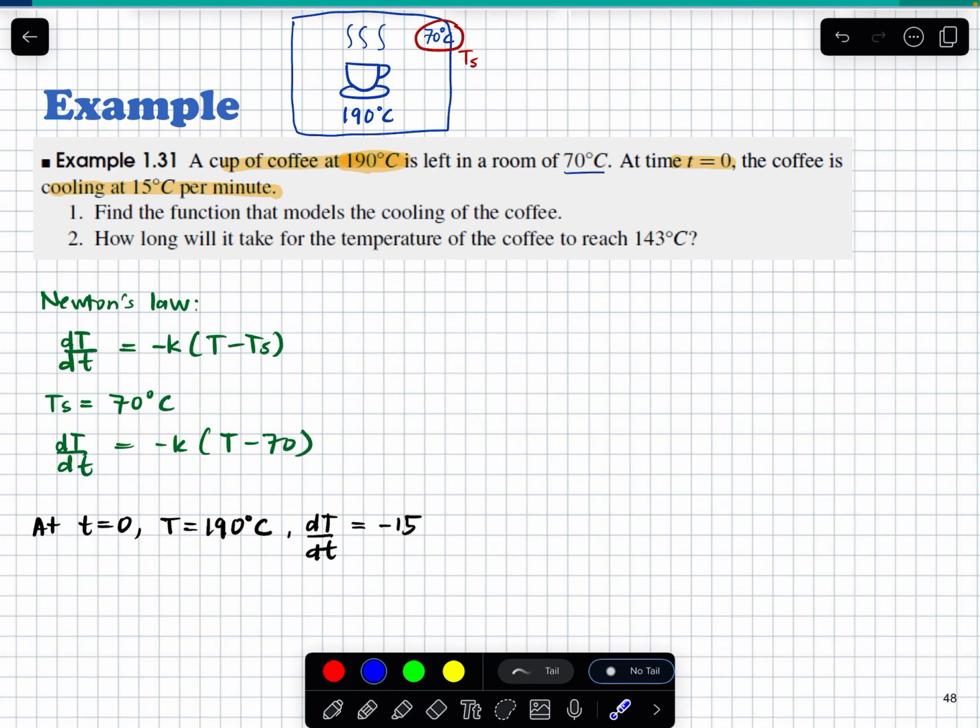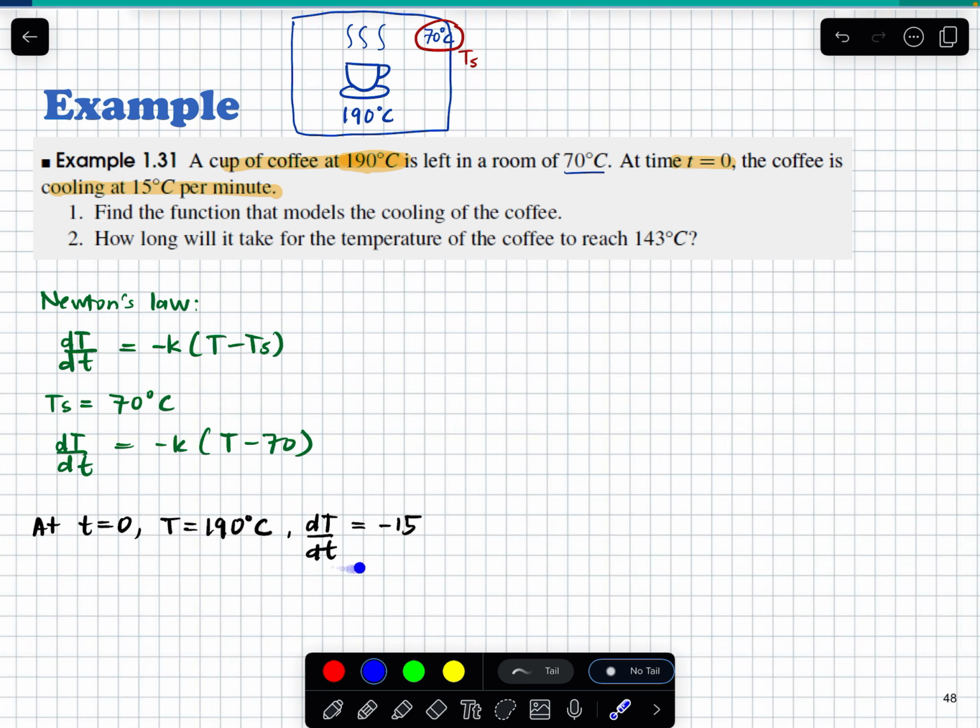Negative because the process is cooling, meaning that the temperature decreases 15 degrees per minute, where time is measured in minutes.